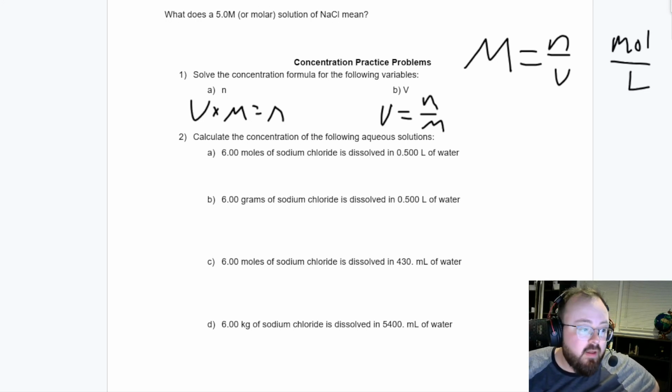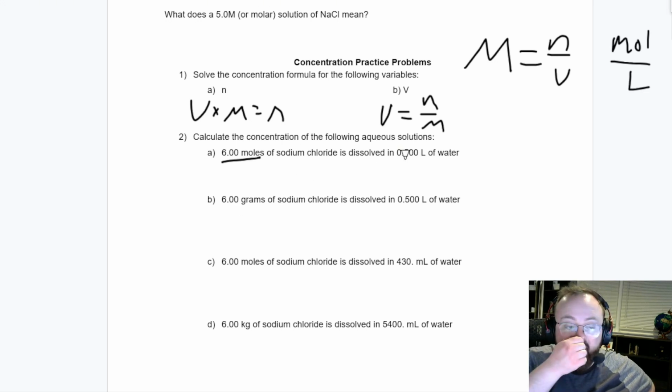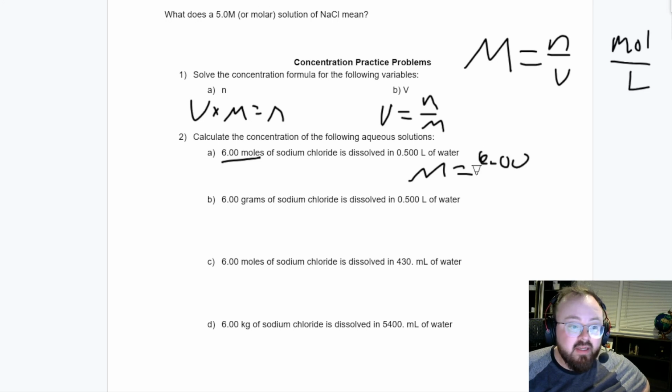Okay? Important. 6 moles of sodium chloride is dissolved in 0.500 liters of water. Reminder, V is equal to my volume of water, and N is the number of moles. So therefore, the concentration is just going to be the number of moles, 6.00, divided by the volume, 0.500. If you want to keep track of everything here, I've written this out, right?